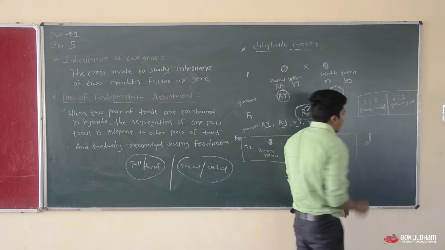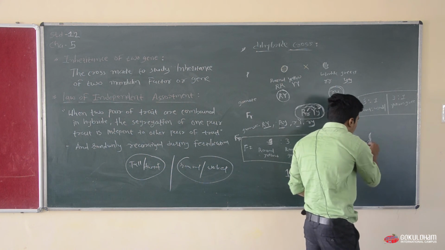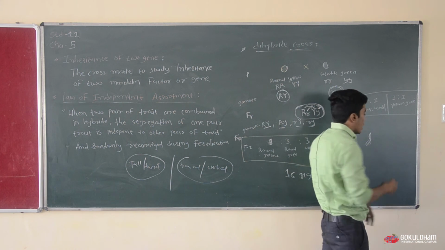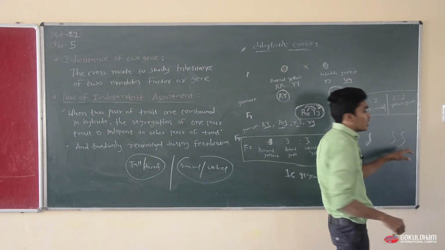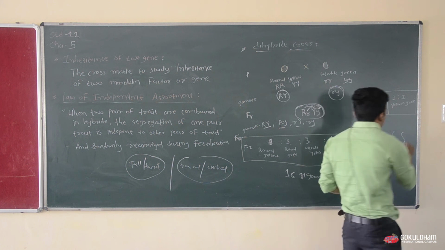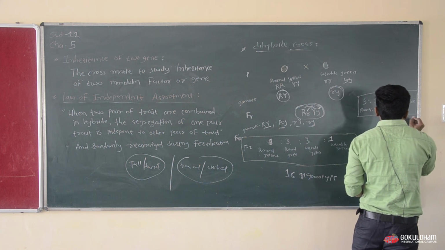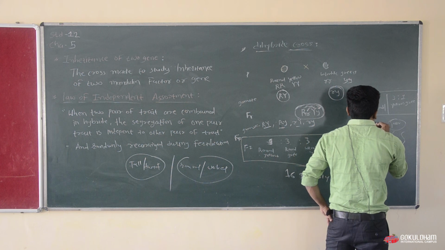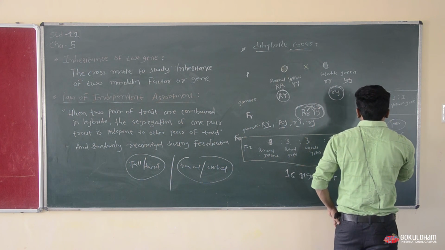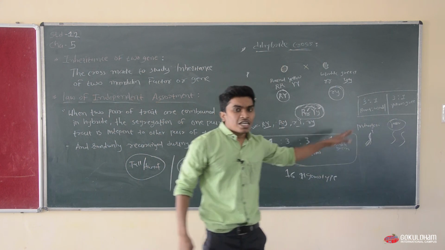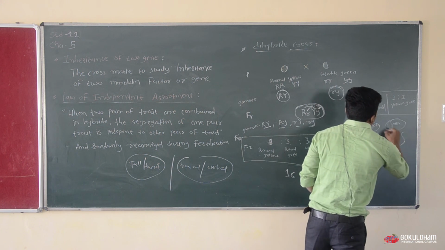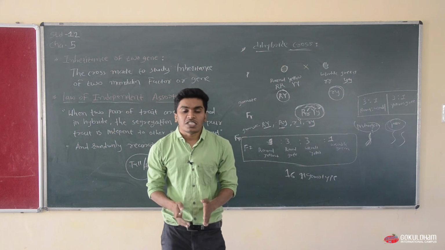For example, this is one gene; the interaction that occurs within this gene is known as intragenic interaction, and the interaction between 2 different genes is known as intergenic interaction.